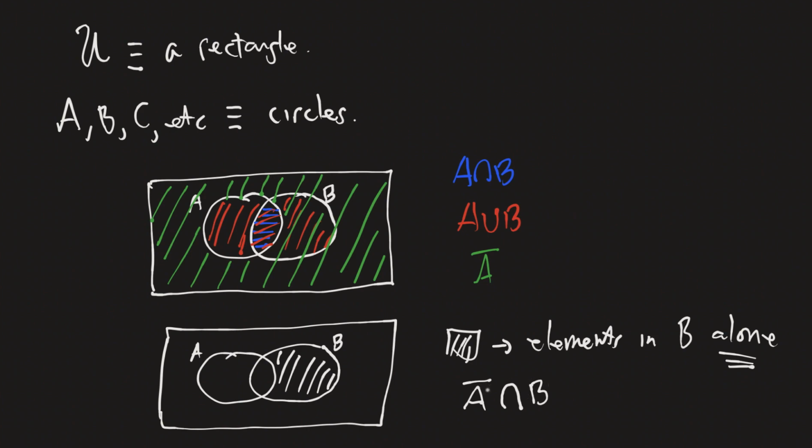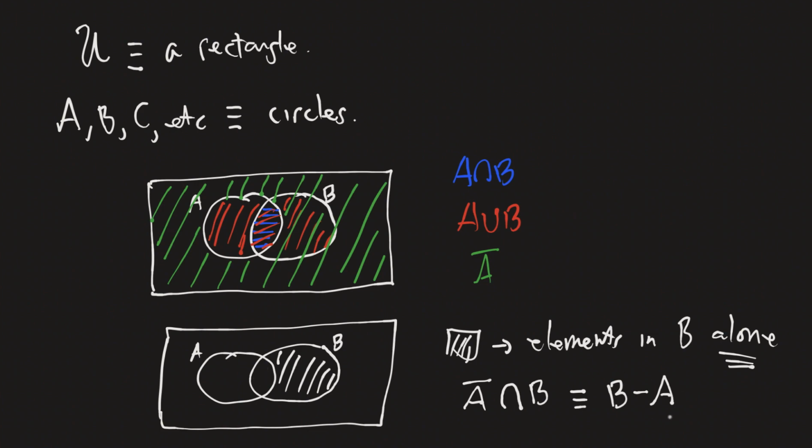Now, it turns out there's another notation that is sometimes used to represent this. So this is new, right? Pay attention. What I could say is this is all the elements in B, but then I take out those elements in B that are in A. So you take out the elements that are in that overlapping region.